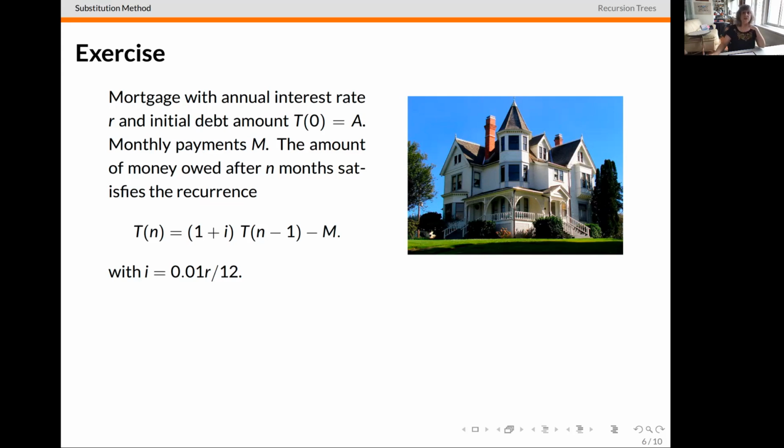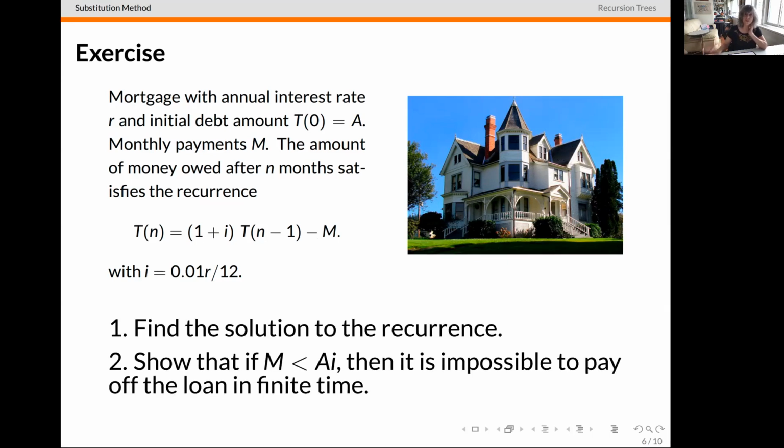So that's the recurrence that follows. And the exercise for you is to find the solution to the recurrence, and with the solution show that if the monthly amount is smaller than capital A times I, then it is impossible to pay off the loan. You will owe for it. So as a moral to the story, try to pay your mortgage the sooner the better.